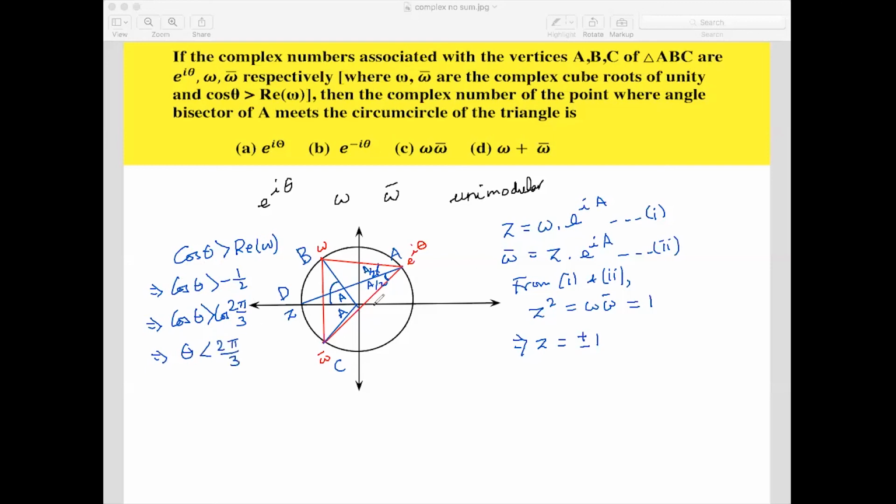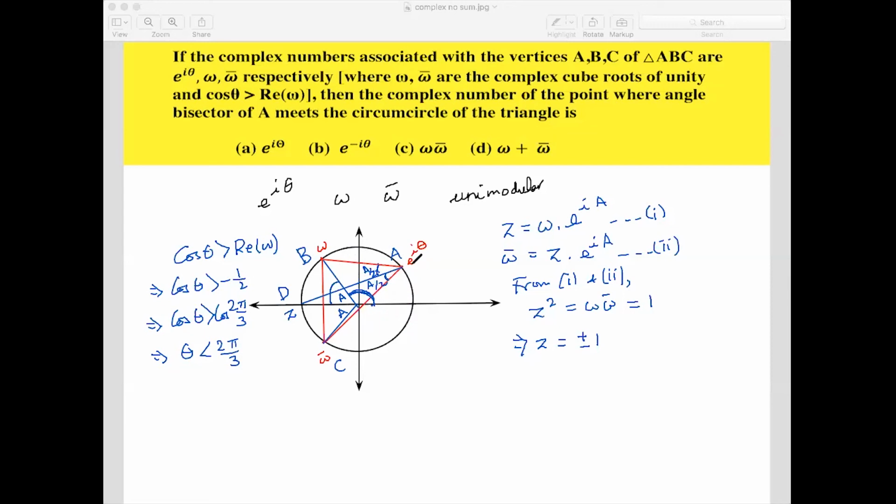So if this angle itself is 2 pi by 3 here, e to the power i theta should lie somewhere on this half here. So we've taken it here at A. So cos theta greater than the real part of omega gives us that clue.